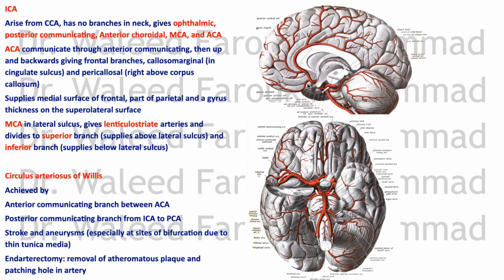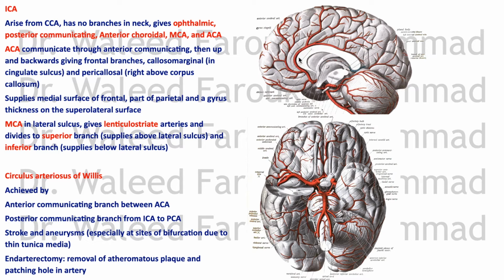branches called the anterior choroid branches to supply deeper structures in the cerebral cortex, in the cerebral hemisphere, I mean. And as it goes up, it supplies the medial part of the cortex and a gyrus thickness on the lateral surface.